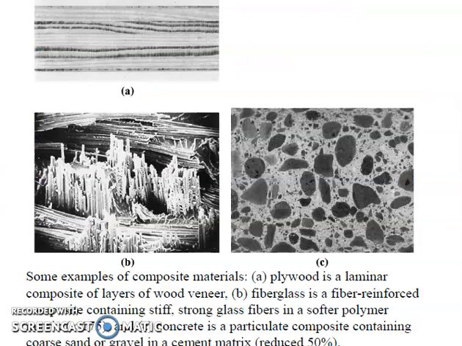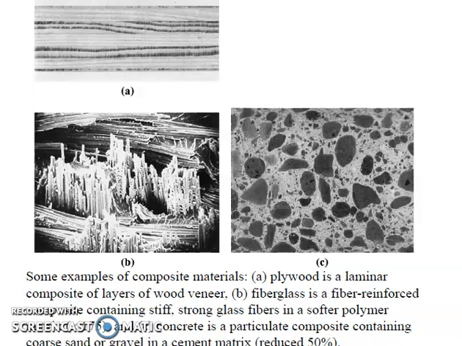Now in this photograph, you are observing wood or artificial wood, in which figure A is a laminar composite of layers of wood veneer, and in the second figure, fiberglass reinforced composite containing strong fiberglass along with a softened polymer matrix material.